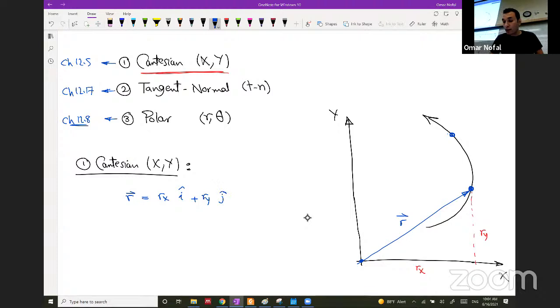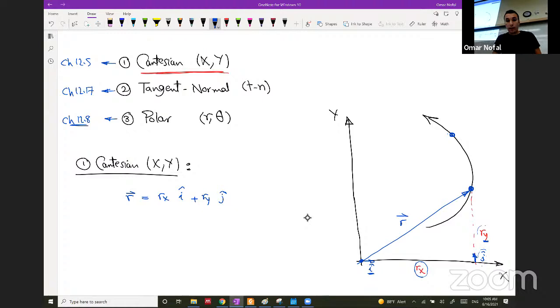So the J hat is the unit vector in the Y direction, and I hat is the unit vector in the X direction. Rx is the magnitude of R in the X direction, and Ry is the magnitude of R in the Y axis. So we can write any vector like this in I and J. And I suppose you know these things from physics, how we deal with vector algebra.